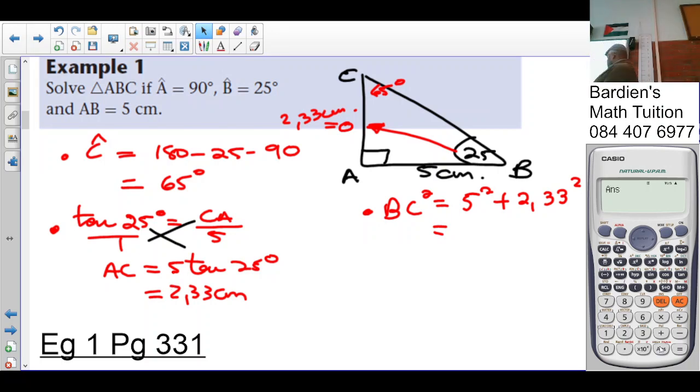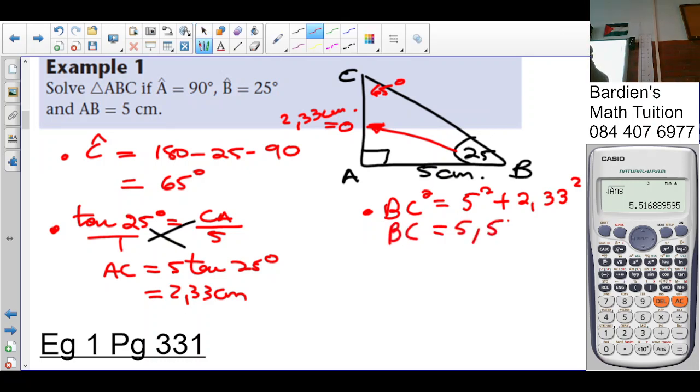It's the last answer calculated on the calculator. So it's answer squared plus 5 squared. 30,343. The square root thereof is going to give you 5,52. So BC is 5,52.